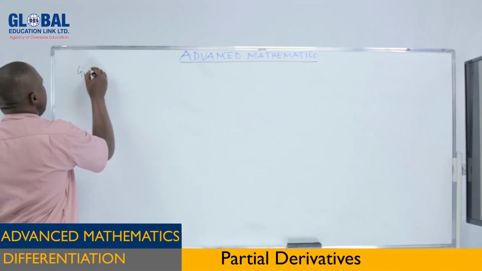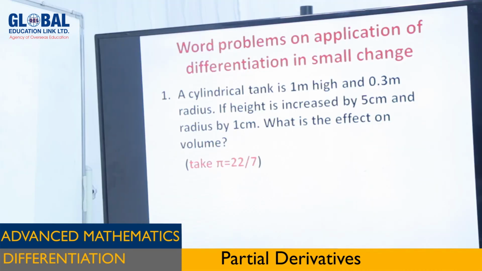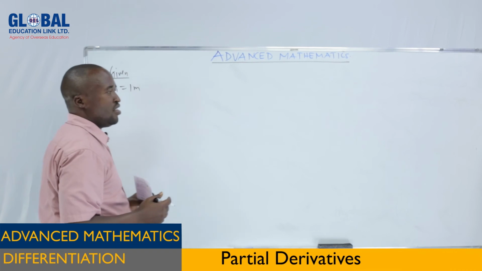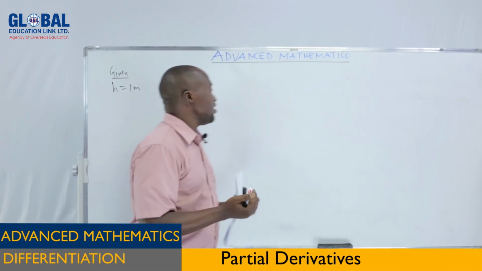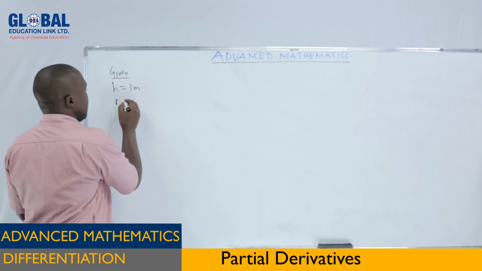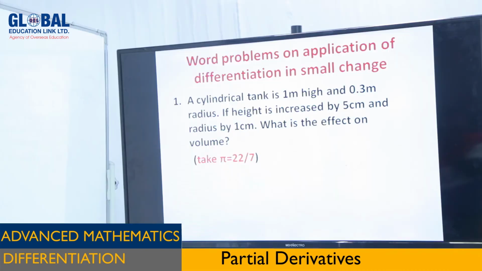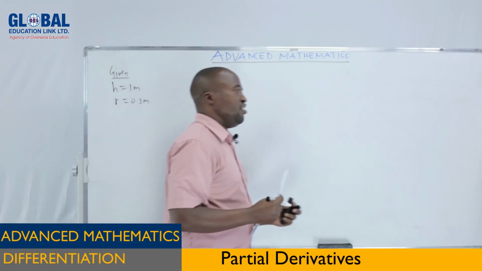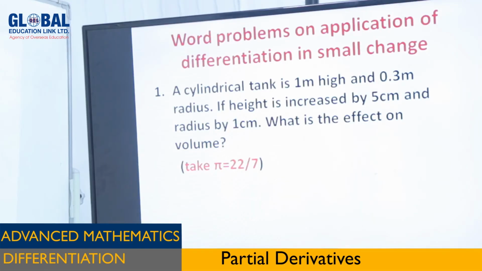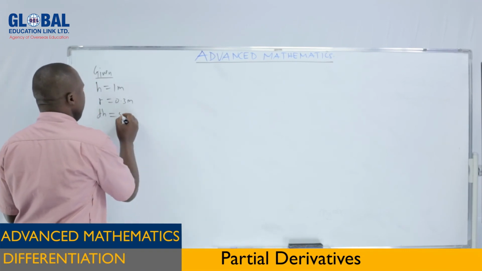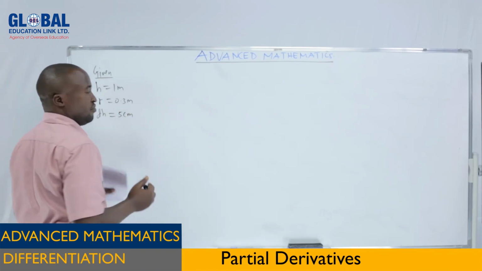Here is what is given. We have the height, that is equal to 1 meter. But again, we have the radius. So radius is equal to 0.3 meters. And if height is increased by 5 centimeter, here we have dh, which is equal to 5 centimeters.